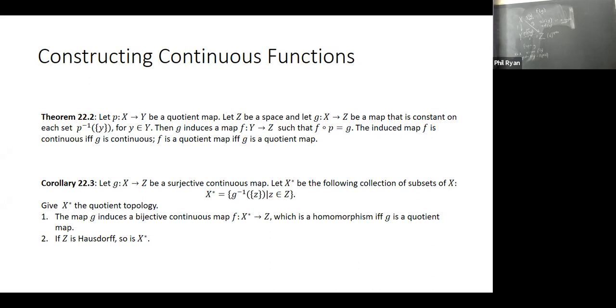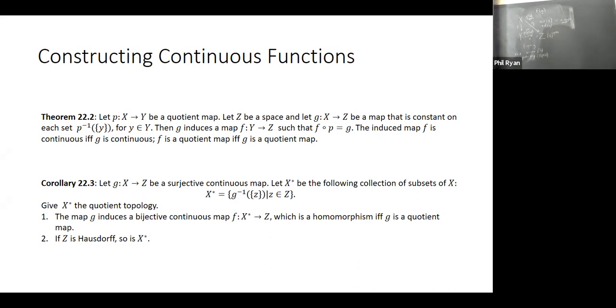It's a quotient space, so you can give it the quotient topology. And so by the above, you induce a bijective continuous map.